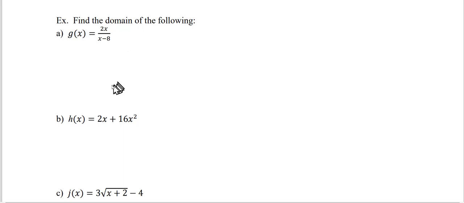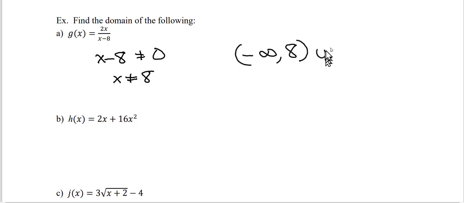Find the domain of this function. So g of x here, there's no problem or issue with anything in the numerator, right? Our problem is that x minus 8 cannot equal 0, which means x can't equal 8. So the domain, if you write it in interval notation, is everything on the entire number line except 8. The way we write that in interval notation is negative infinity to 8.